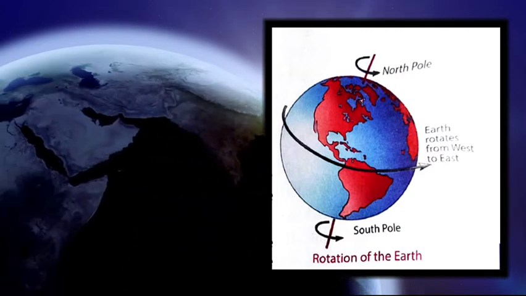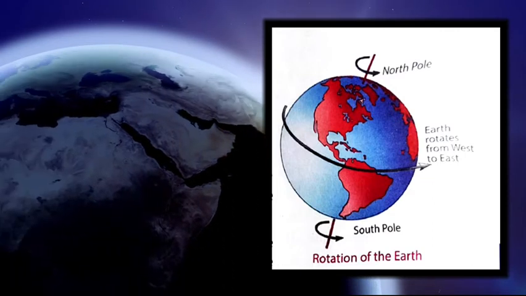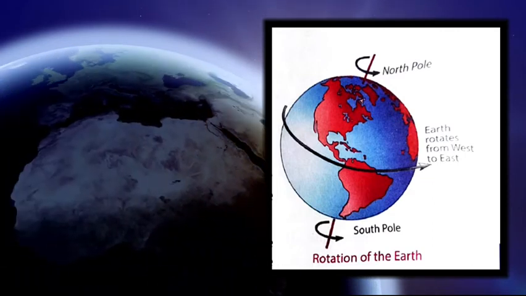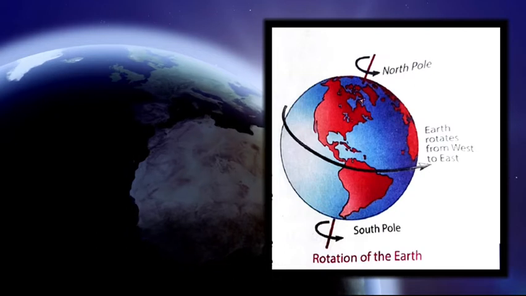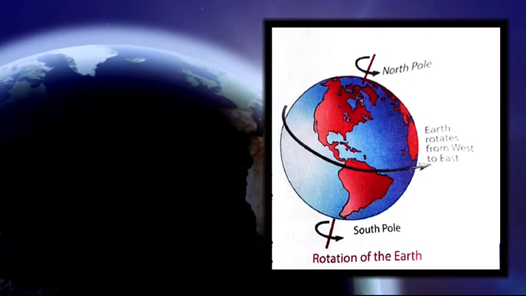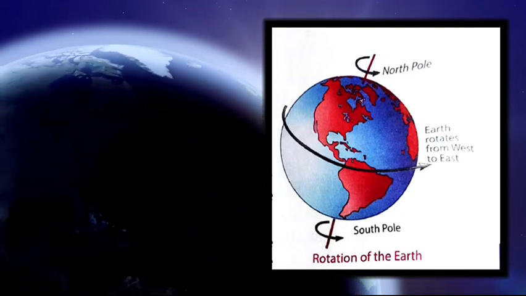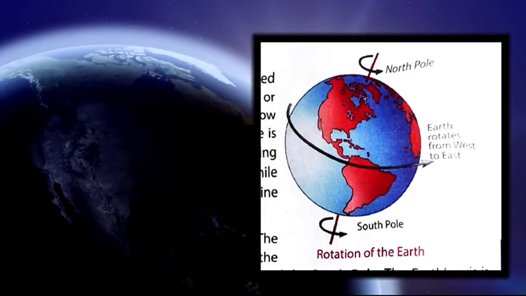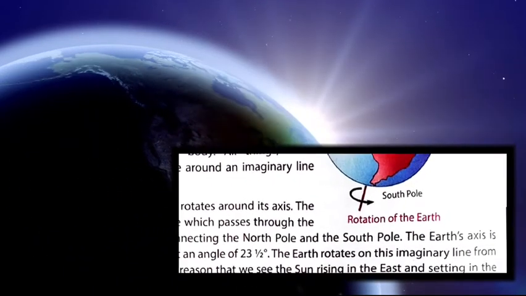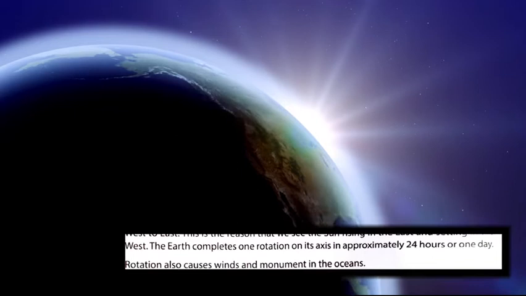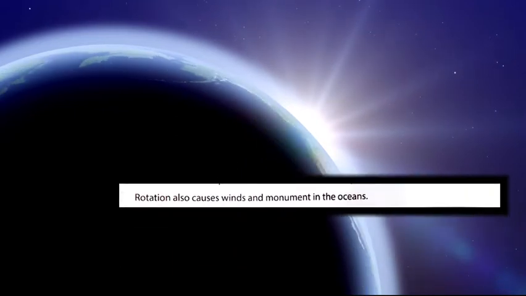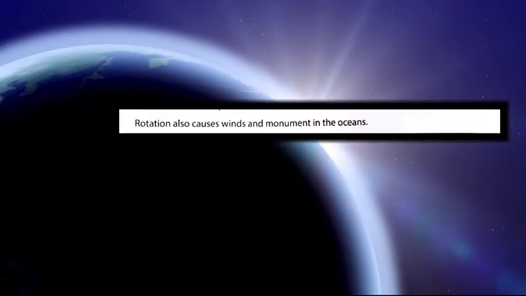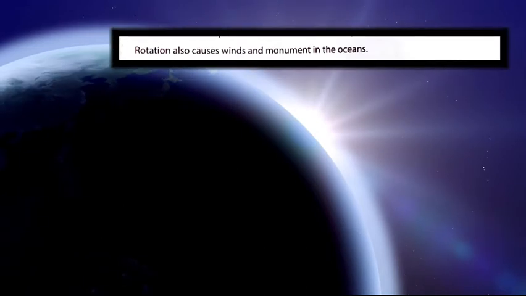It is tilted at an angle of 23.5 degrees. Due to this, we see the sun rising in the east and setting in the west. Rotation of the earth also causes winds and movements in the oceans.